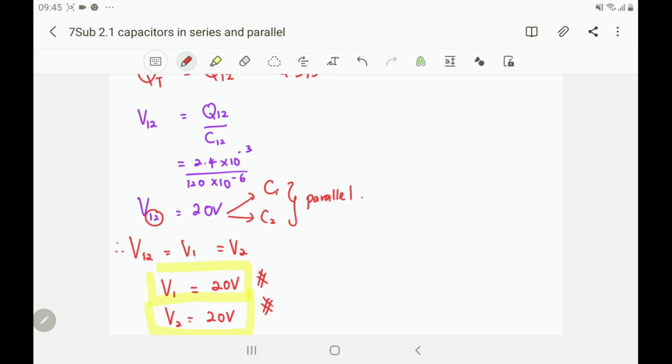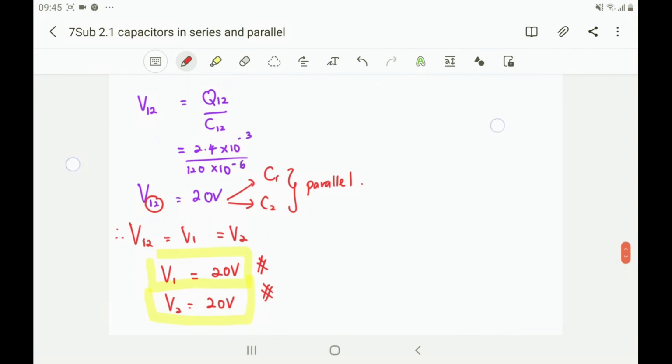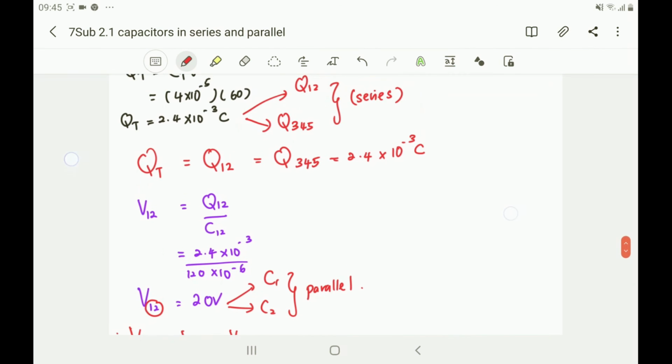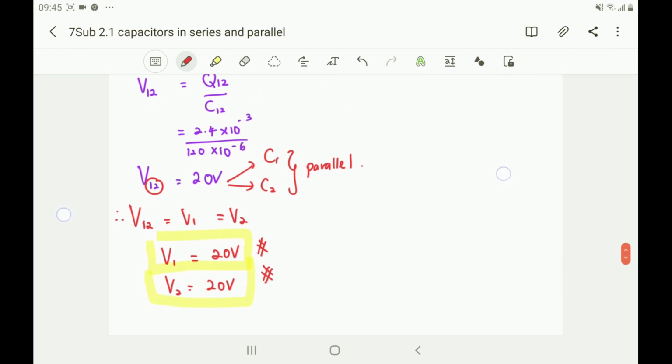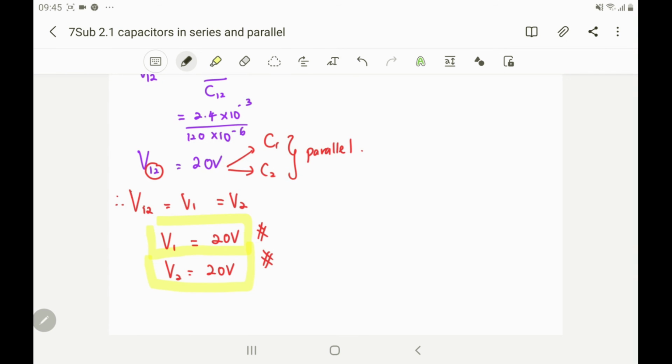Alright, and since V1 and V2 is 20 volt, how about V345? Okay, remember, okay, V345 and, okay, so since V1 and V2 are parallel, so now we want to find what is V345.